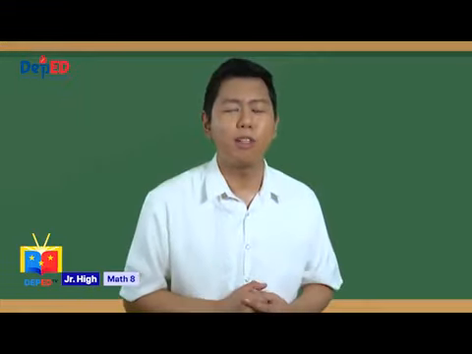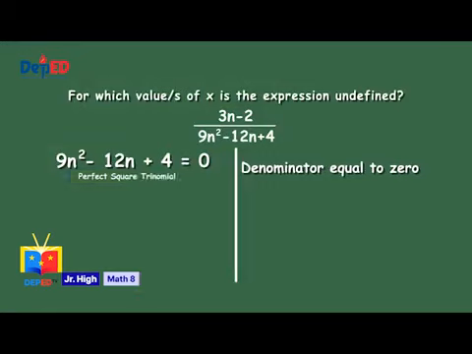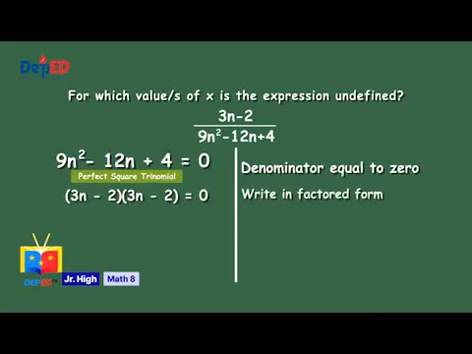What can you say about the polynomial? It is a perfect square trinomial. Can you give its factored form? The equation will be the square of 3n minus 2 equal to 0.